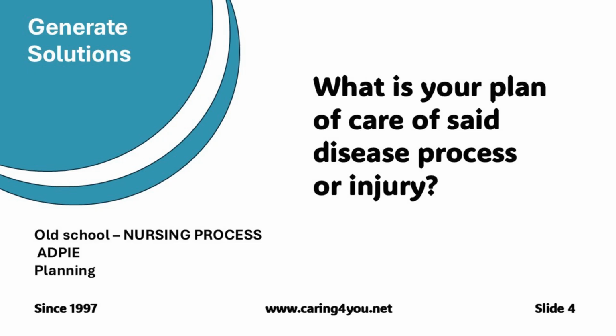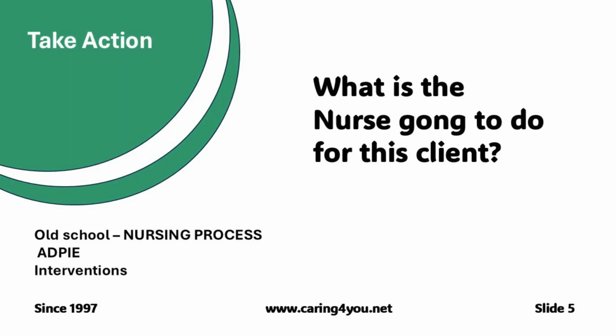This is where we write down the problem and we come up with a plan. Now, once we write down the problem, what are we going to do? Old school nursing process, it used to be called interventions. What is it called with the clinical judgment measurement model? It's called take action. What is the nurse going to do for the client?